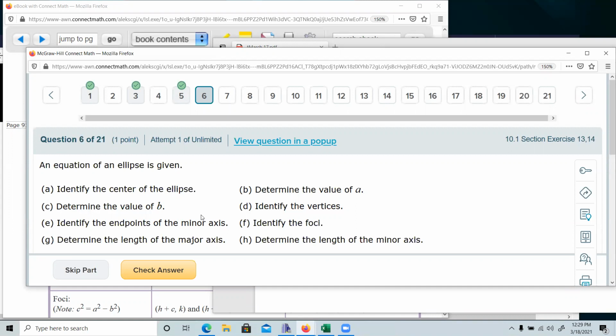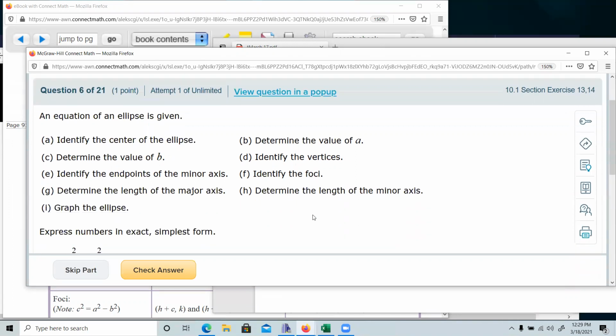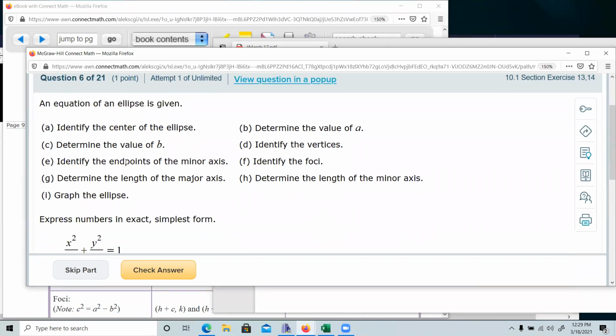They asked us everything after that. It's going to feel a lot like that. But again, I need you to be able to identify the endpoints, because that's how we're going to graph it. And then after that, identify the foci.